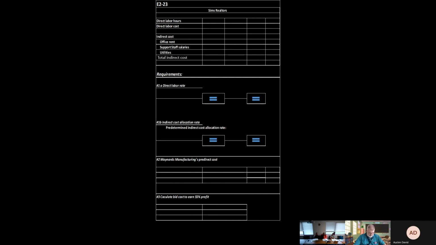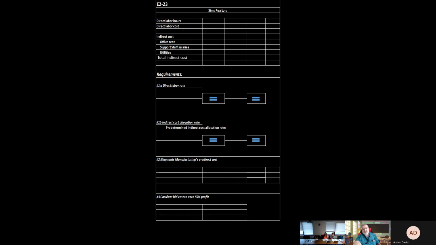It specializes in advising companies on potential new plant sites. The company uses job order costing, so we know that they're going to apply all of their expenses to a specific job, with a predetermined cost allocation rate, computed as a percentage of the labor cost.